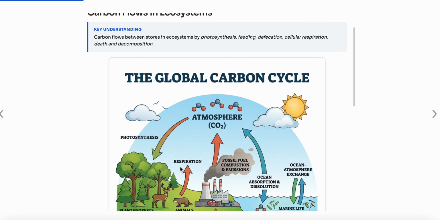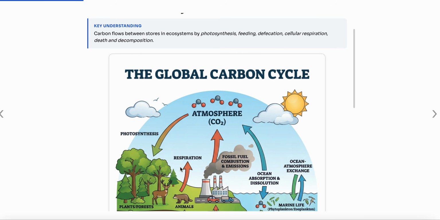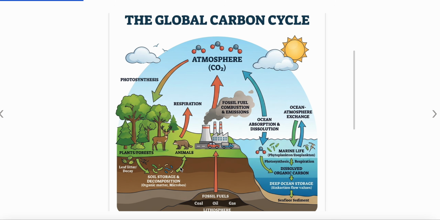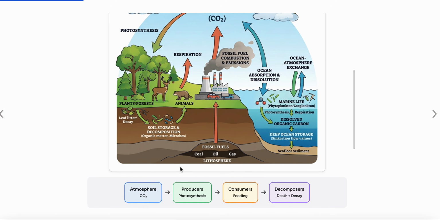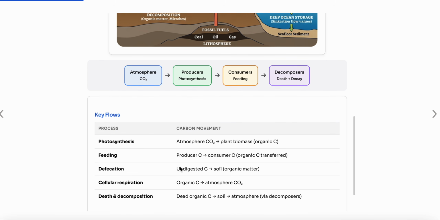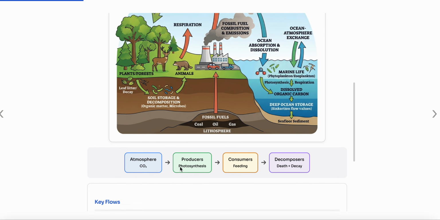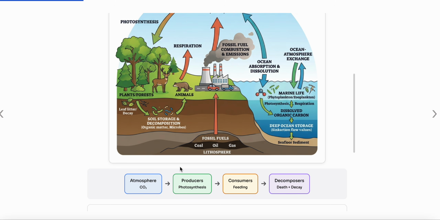Now, an important thing in this chapter is understanding the carbon cycle, and in the exam you may be asked to draw it. There are a few things you need to keep in mind whenever you are drawing a carbon cycle.